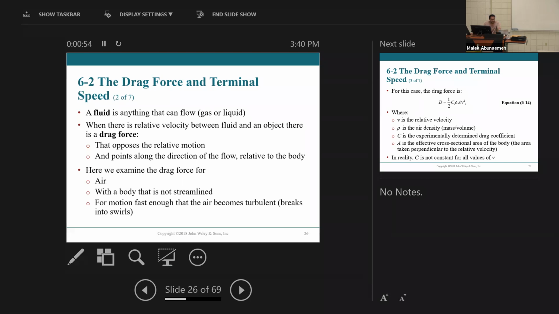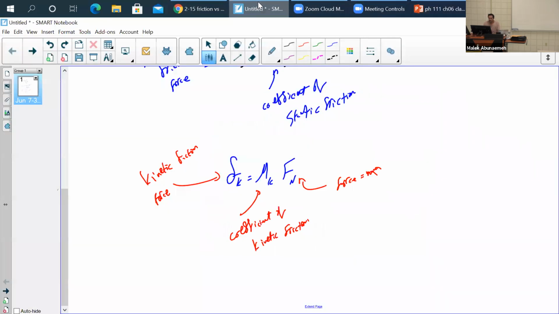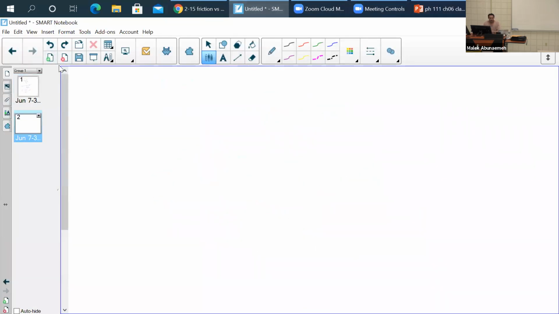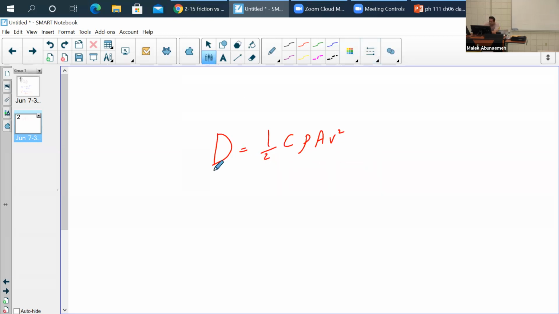Now, your drag force is going to equal 1/2 C rho A V squared. Now, D, this is your drag force.